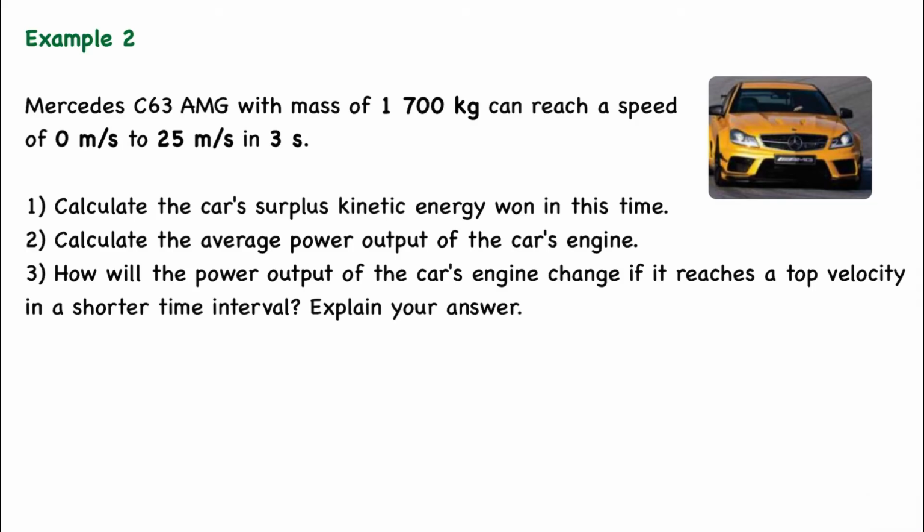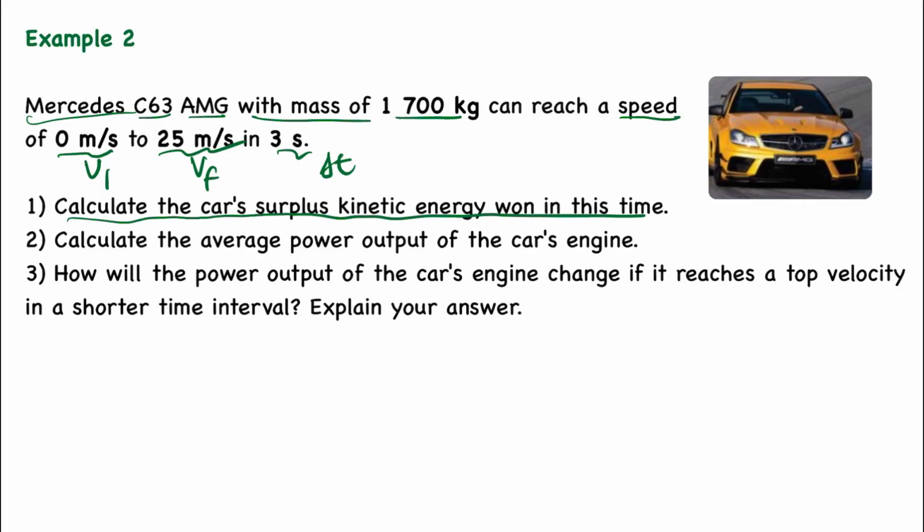Example 2 says a Mercedes C63 AMG with a mass of 1700 kg reaches a speed of 0 to 25 meters per second. This is the initial velocity and the final velocity and the time of that AMG. Now it says calculate the surplus kinetic energy gained by the car in this time.